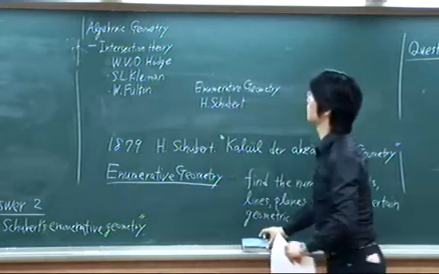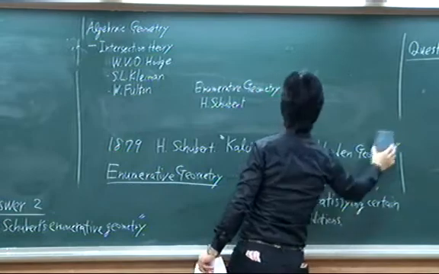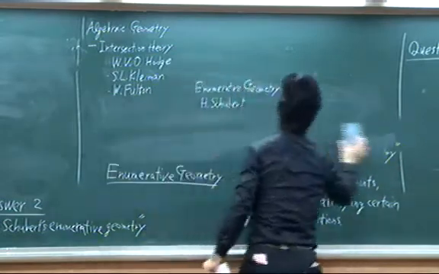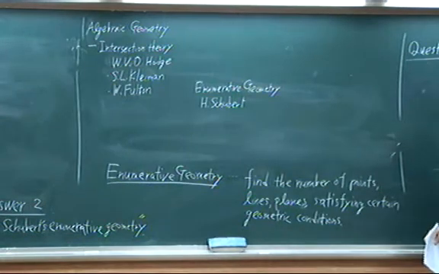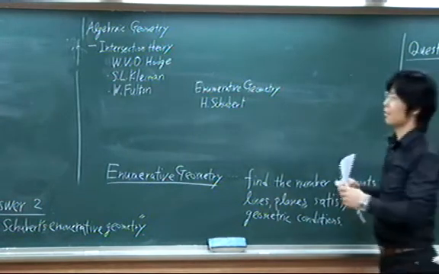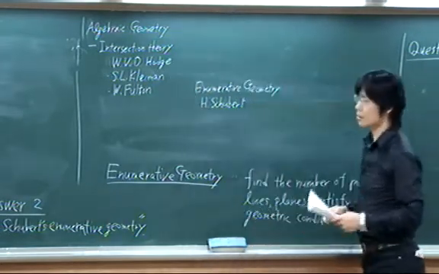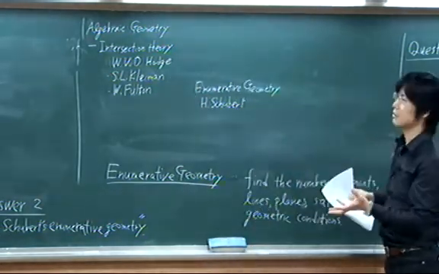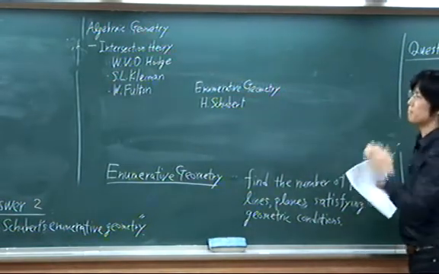And on the other hand, in a naive sense, a subvariety of a variety determines a cohomology class.